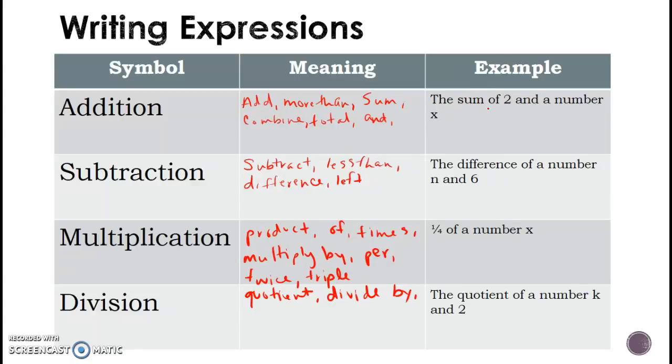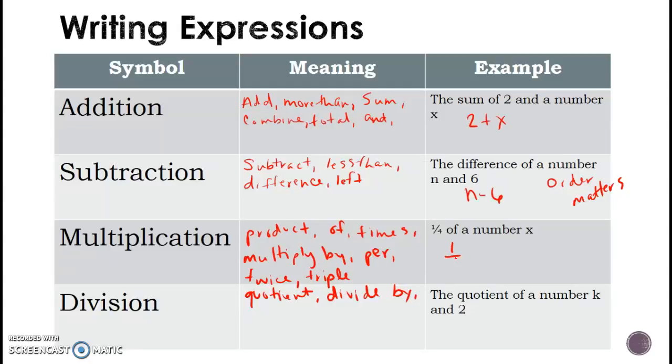So the sum of 2 and a number x, that means that we're doing 2 plus x, or technically you can do x plus 2. The difference of a number n and 6, we're going to do n minus 6. This one is important, that order matters. So we're going to write that here. Order matters. And then 1/4 of a number x.